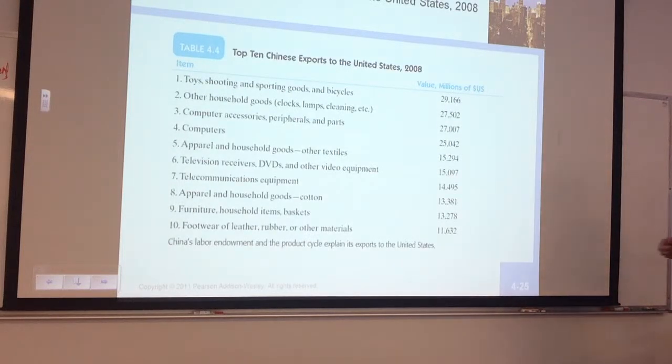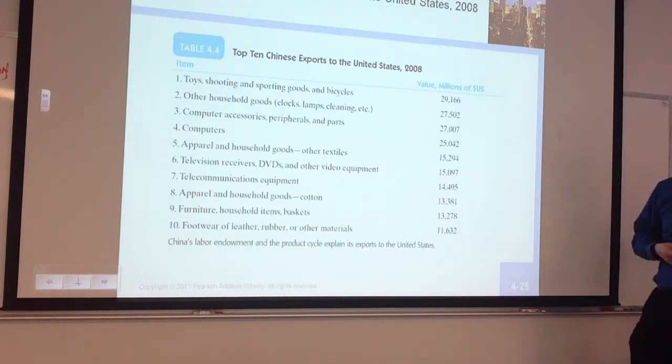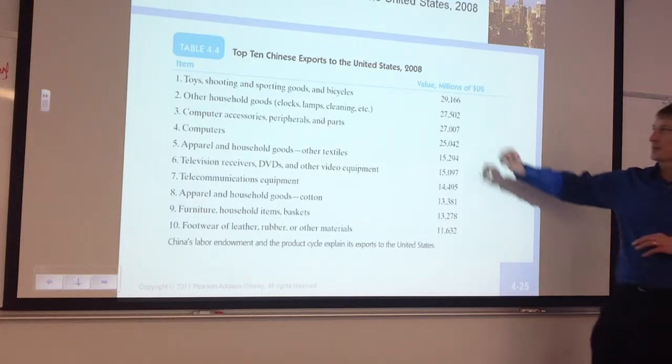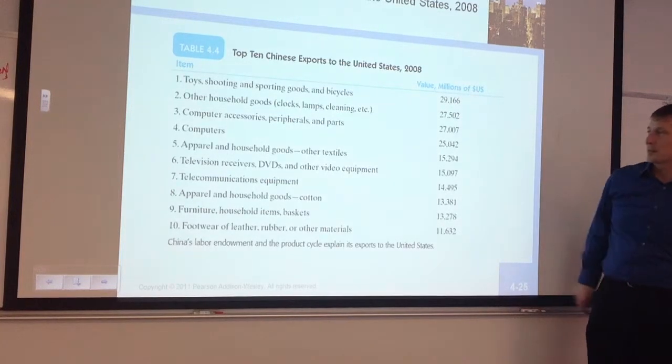All right, Chinese. We like Chinese stuff, apparently. All look like common stuff that we're used to with the Made in China sticker on there. Toys with lead-based paint on them, right? We got the toys coming across.